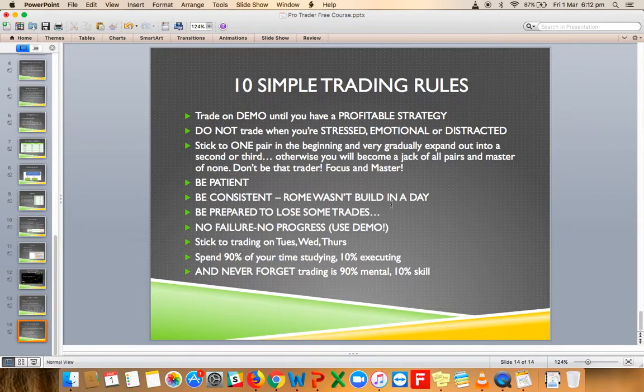Then your execution should be just 10% of your time and effort. And never forget, trading is 90% mental and 10% skill. Mental means your mental stability and emotional strength have to be on point.